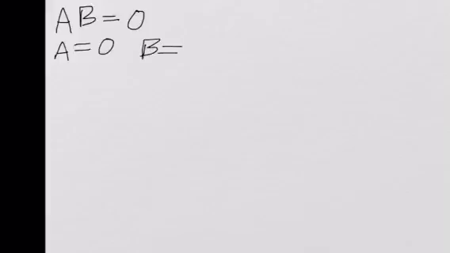That says if AB equals 0, then A equals 0 or B equals 0.